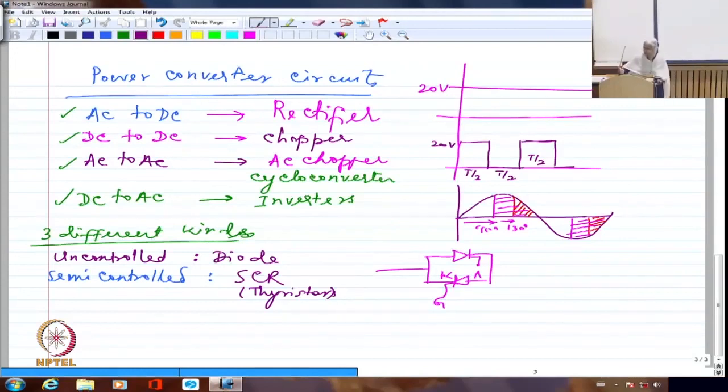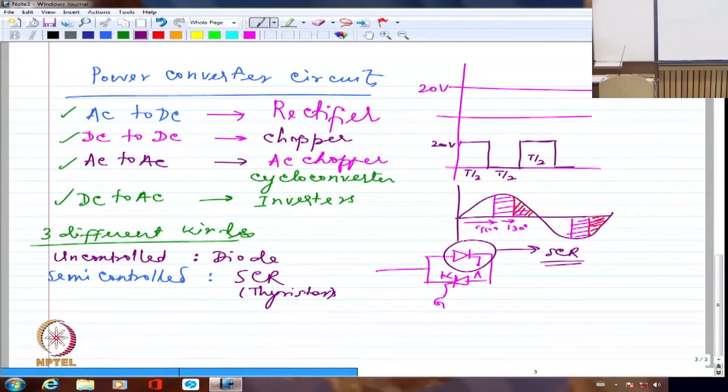And what I showed here, this is a thyristor. It will have 3 terminals, an anode, a cathode, and a gate. In the gate, if you give a signal, it will start conducting. You can't turn it off unless it is reverse biased. When it is reverse biased and the current goes to 0, it will automatically go off.